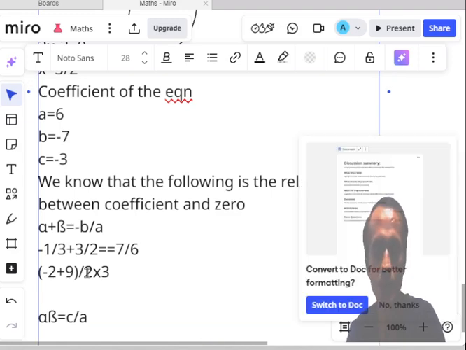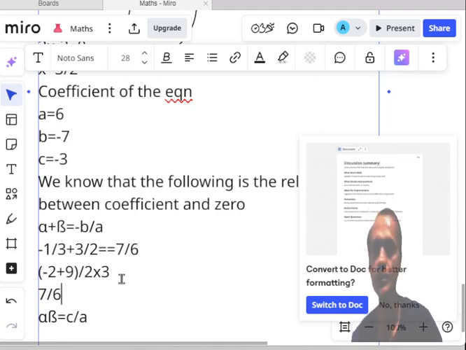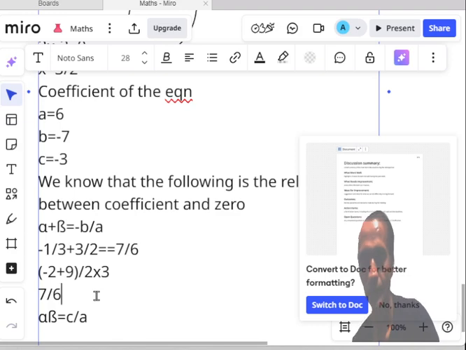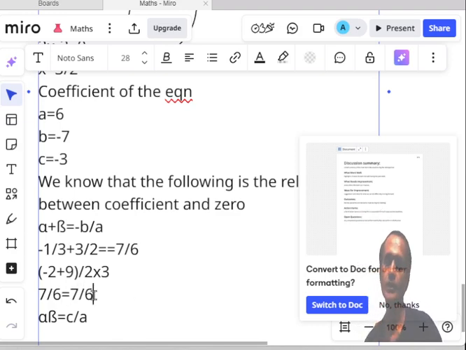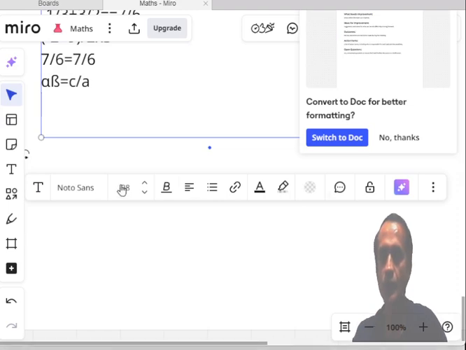This is equal to 7 by 6, which is equal to your right hand side. So this relation, alpha plus beta, that is sum of the zeros is equal to minus b by a, is verified.